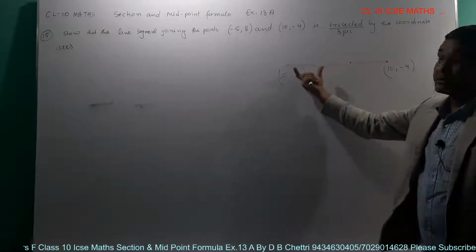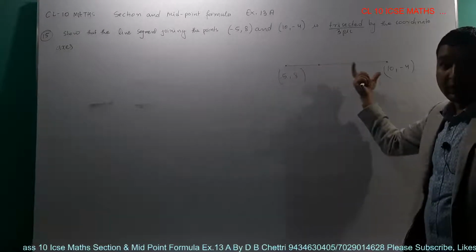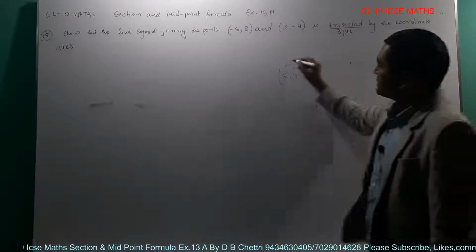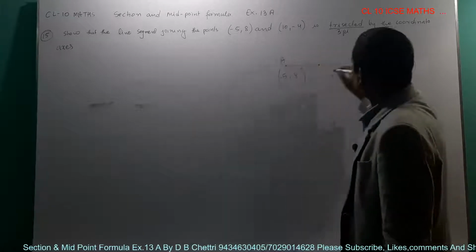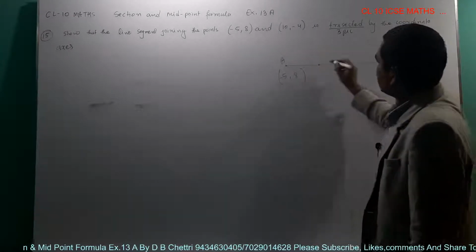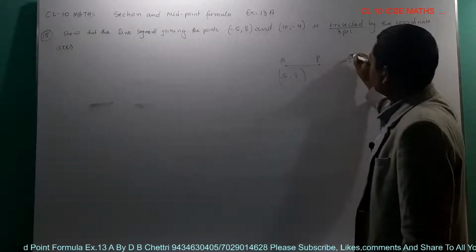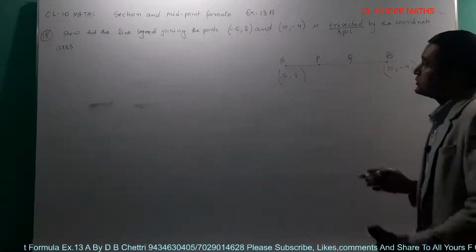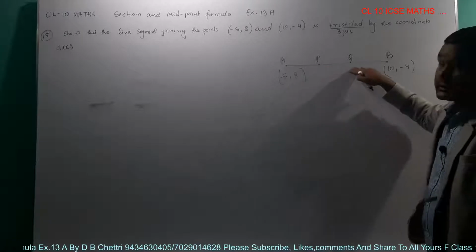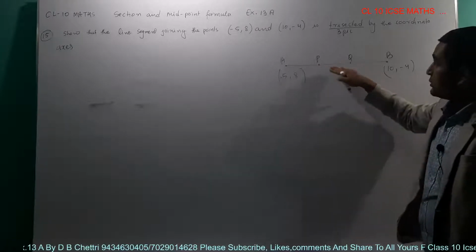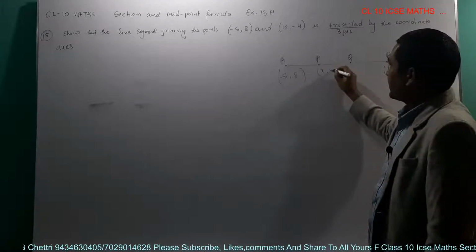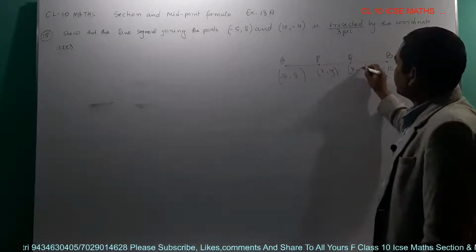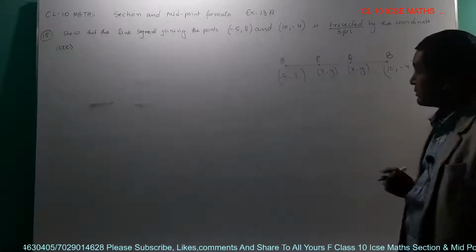Now let's mark this point as A and this point as B, and these we can mark P, Q. Then the question asks to find the coordinates of these trisection points. We don't know their coordinates, that's why we are going to mark them x, y and x, y.